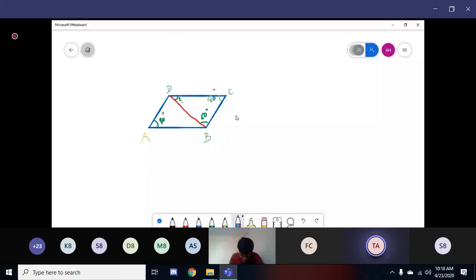I mentioned earlier that the two adjacent angles, or the two consecutive angles, of a parallelogram are supplementary to each other.